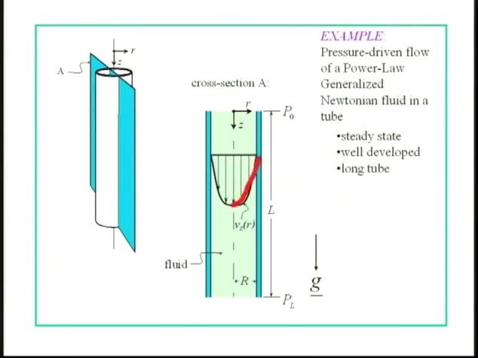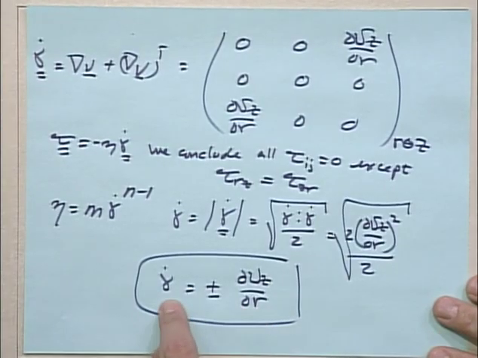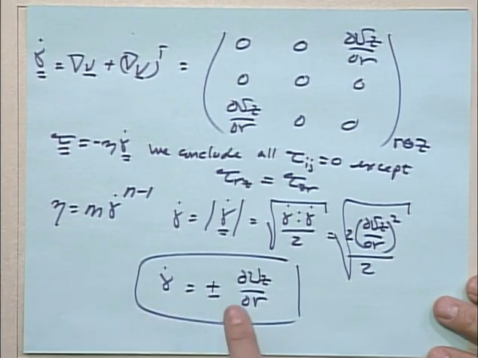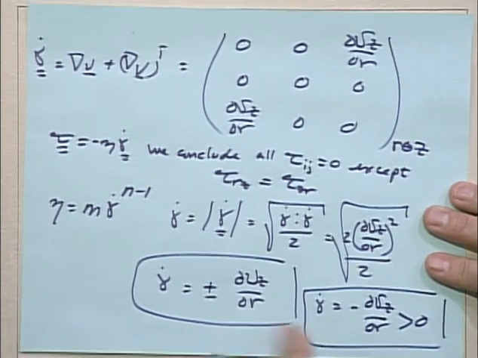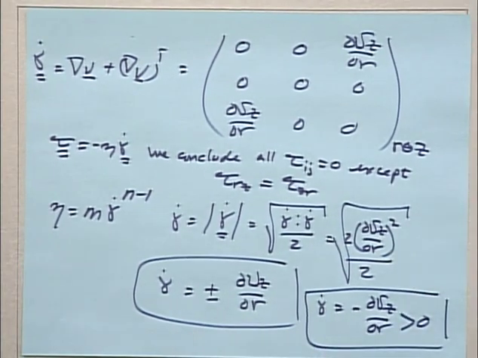This velocity decreases with increasing r, and so this is a negative number. So in order for this number to be a positive number, I have to pick the negative. So there's the little tricky part about this model. Okay, the rest is just calculus.